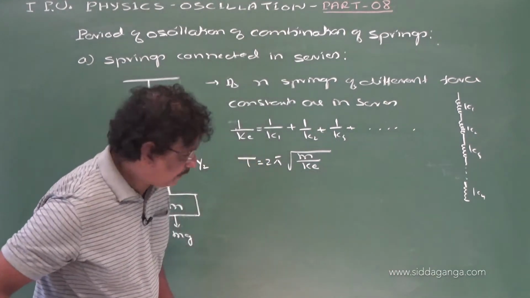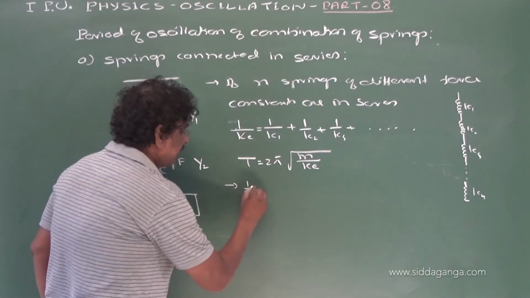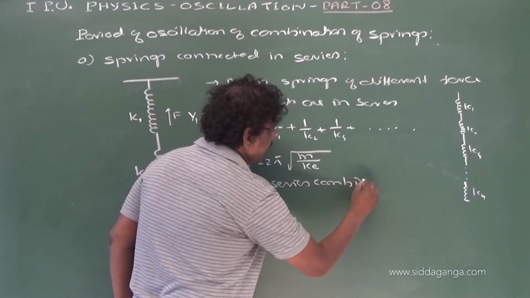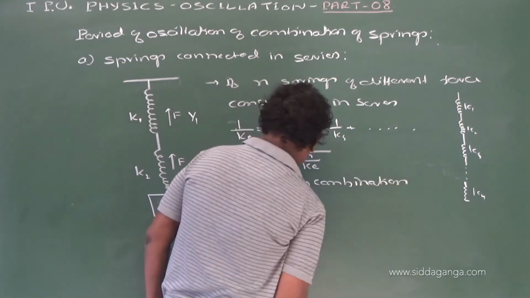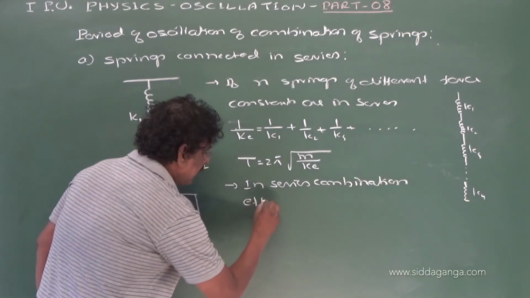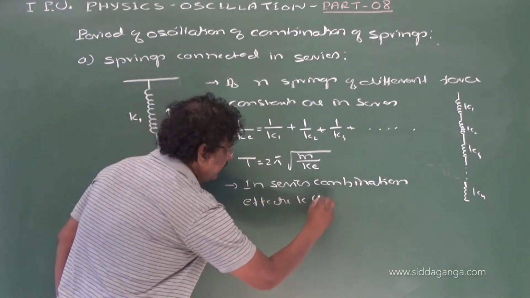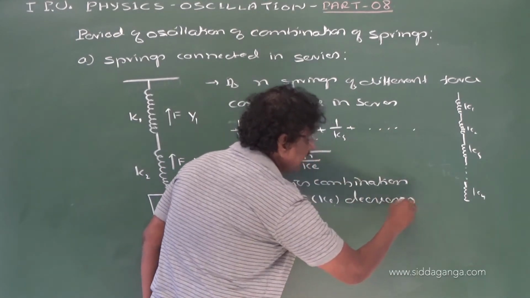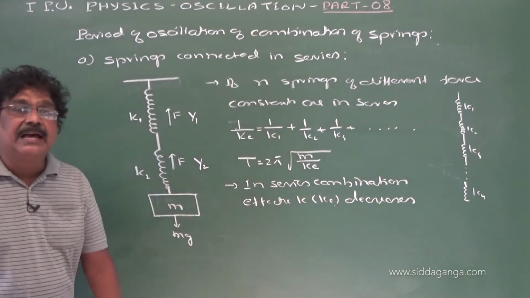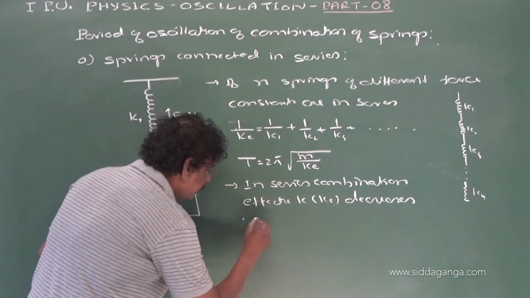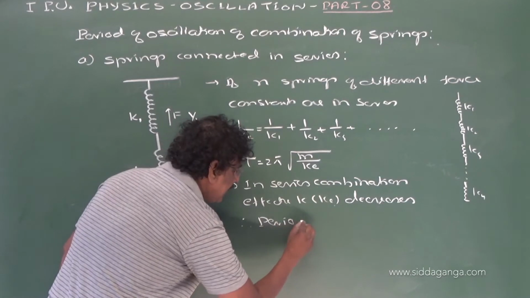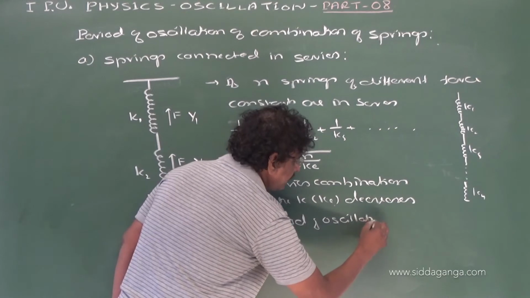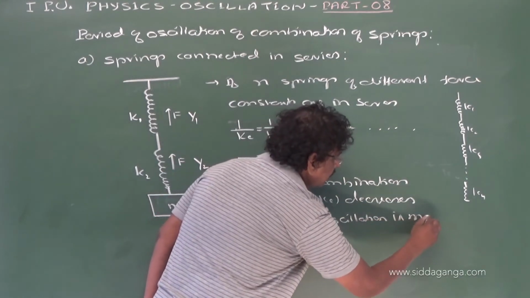That means in series combination, the effective K, that is Ke, decreases. It is less than K1 and less than K2. Therefore the period of oscillation is more.